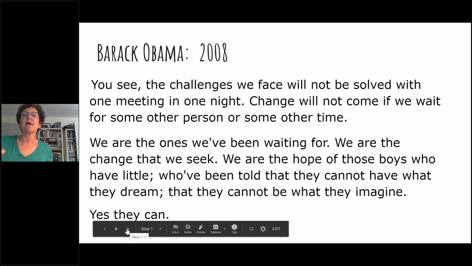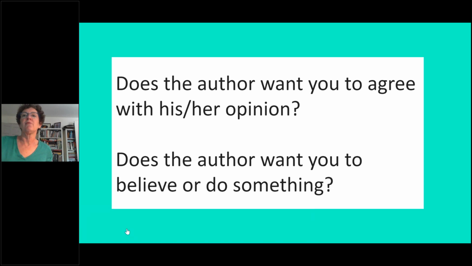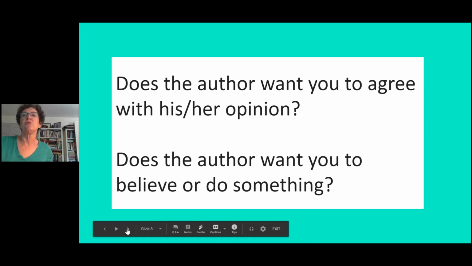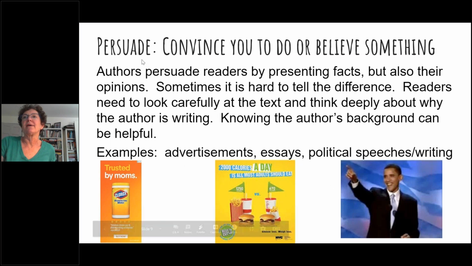So this kind of text, where the author wants us to agree with him or wants us to believe or do something, its purpose is to persuade us, to convince us to do or believe something. So authors many times persuade us by presenting facts, but then also their opinions.